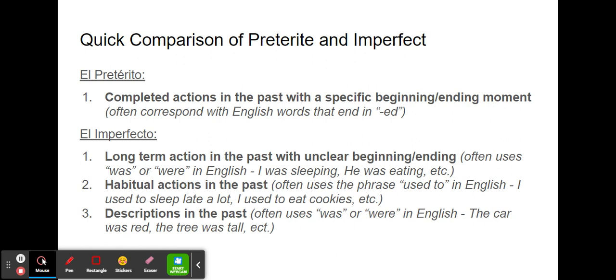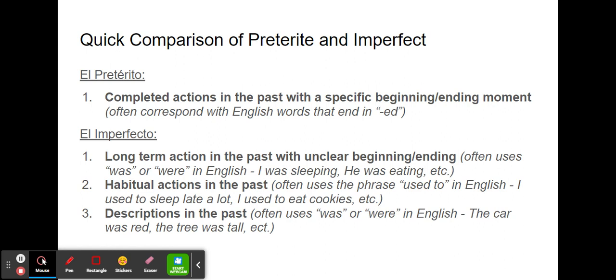This often corresponds with English words that end in ed, like jumped, learned, talked, called, opened, closed. If it ends in ed and it's a past tense verb in English, it's probably going to signify the use of the preterite tense in Spanish. So that is what we need to know about the preterite.